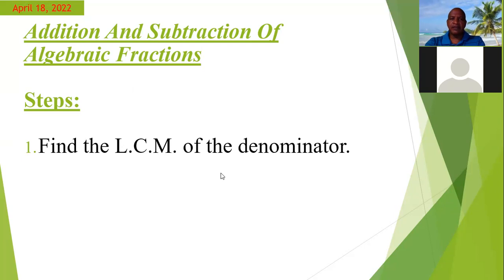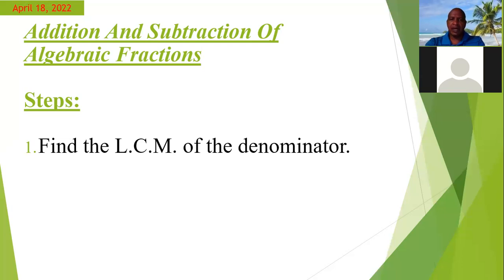Now, finding the LCM for algebra, where you have symbols, letters, and numbers, you may have to pay special attention to what the factors are, right? Now, oftentimes students confuse finding LCM with HCF, which are two different processes.